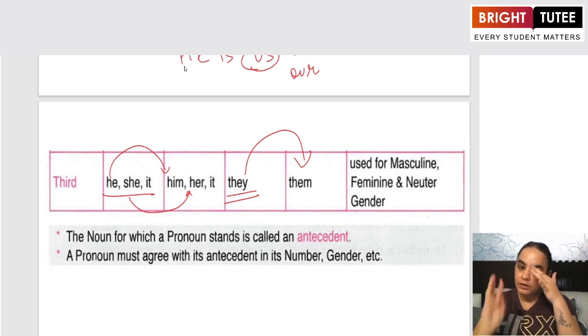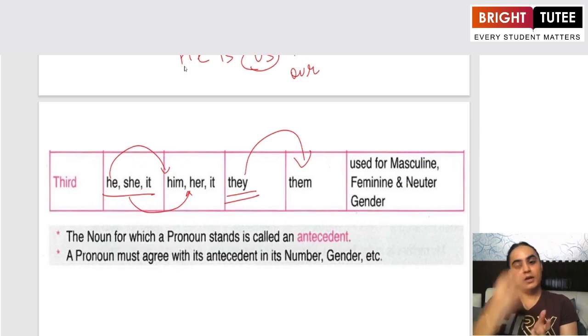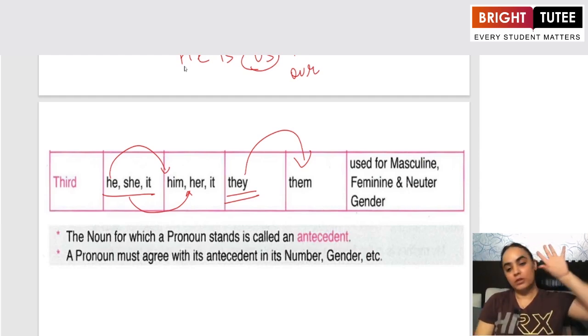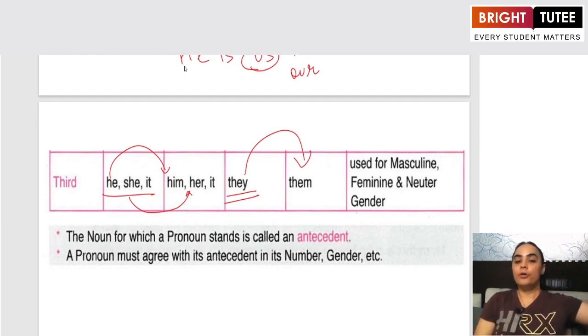Then we have the third person pronoun. Third person pronoun refers to those people about whom the speaker and the listener are talking. So if me and you are talking about him or her or it or them, that is the third person.